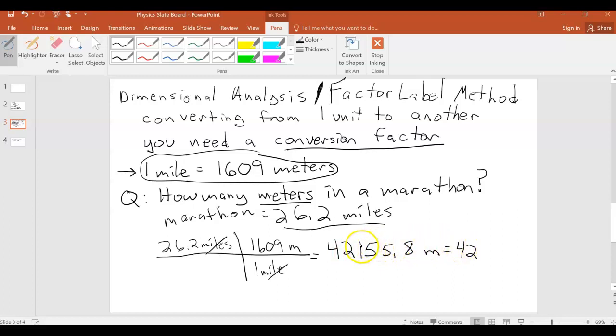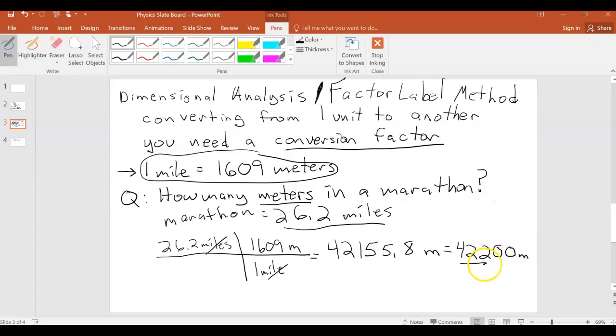You're going to wind up rounding the 1, because there's a 5 there, to a 2. And then you're just going to fill it out with the 2 zeros. Now you have 3 significant digits, like you had 3 in the initial problem with the conversion, and it's meters. So if somebody asks you how many meters are in a marathon, you could say it's 42,200 meters.